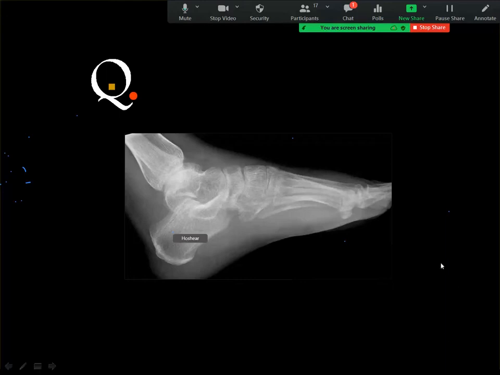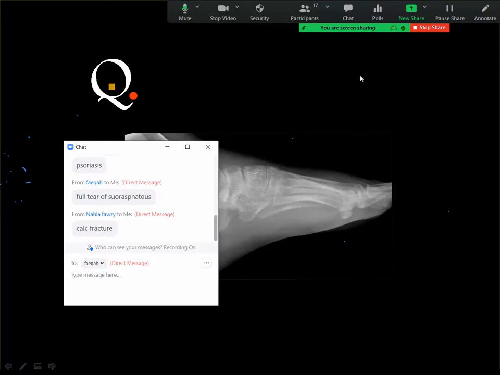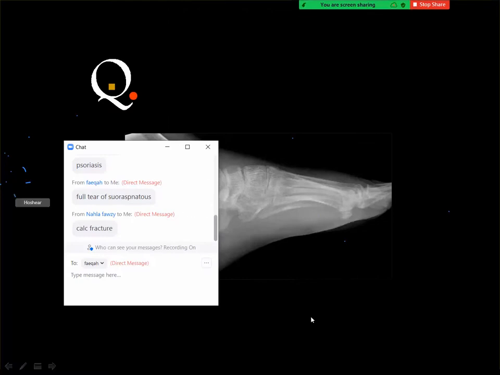Yes, any answer? If you want to write the answer, write only one word or two, so that you can deliver me your opinion. And here we have an answer: calcaneal fracture. No, this is not calcaneal fracture.